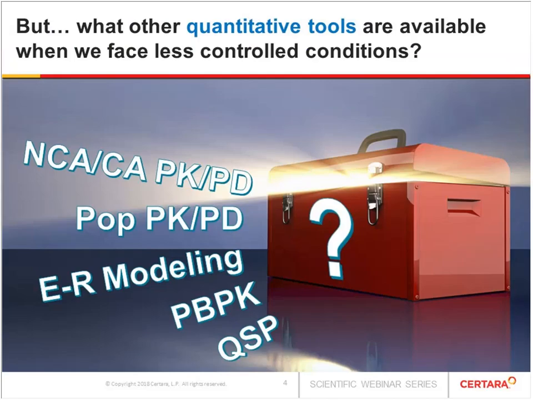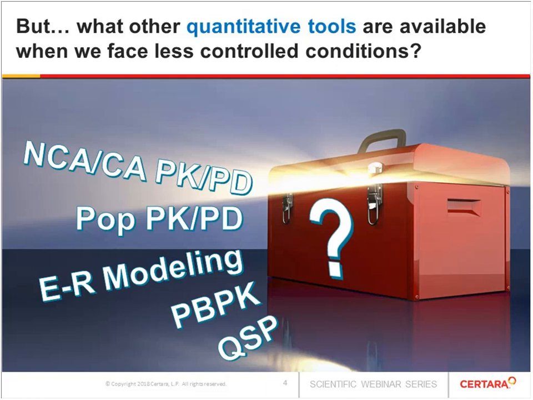The tools that we apply, and I'm sure most of you are aware of, are quantitative tools like non-compartmental analysis, compartmental analysis for PK/PD, exposure-response modeling, PBPK, and quantitative systems pharmacology modeling, which typically relate to the understanding of changes in concentrations of drugs or biomarkers in the body.